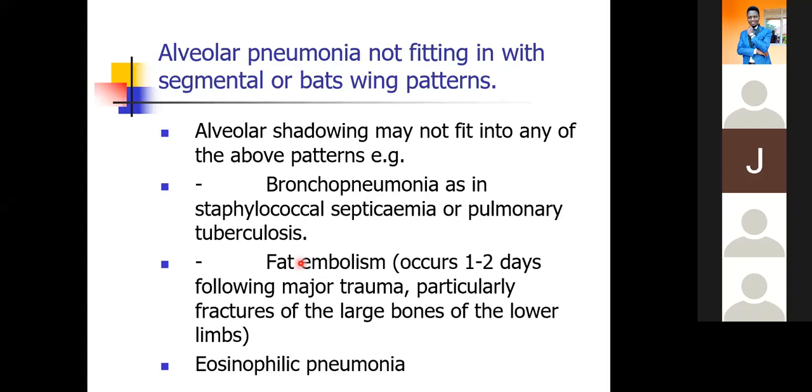So if you've ever seen radiographs of patients with miliary tuberculosis, this fat embolism looks very, very similar. And we can only make this interpretation in the background of a patient who has sustained fractures to the major bones, or one who has undergone a major orthopedic procedure. They're the ones who are likely to be candidates for this fat embolism.